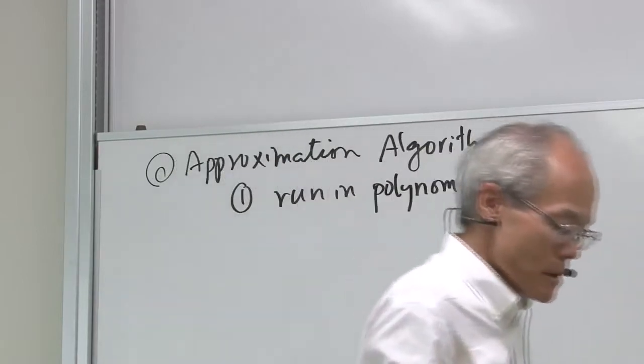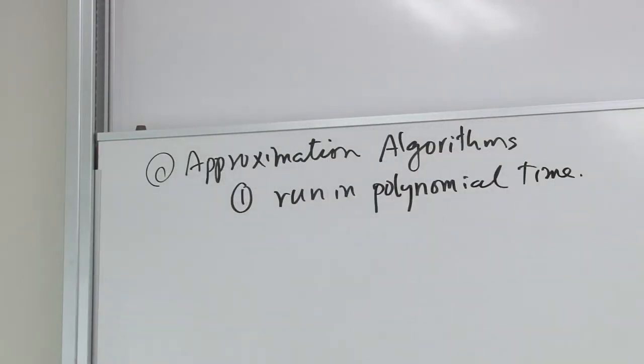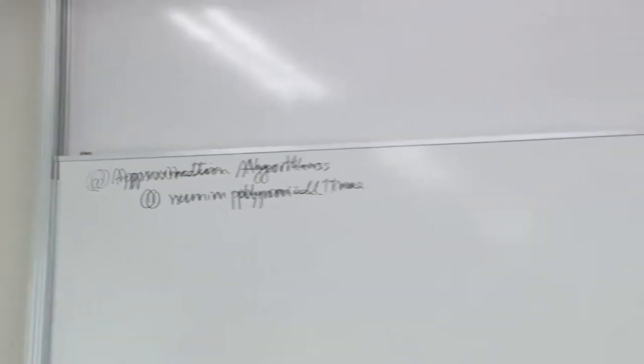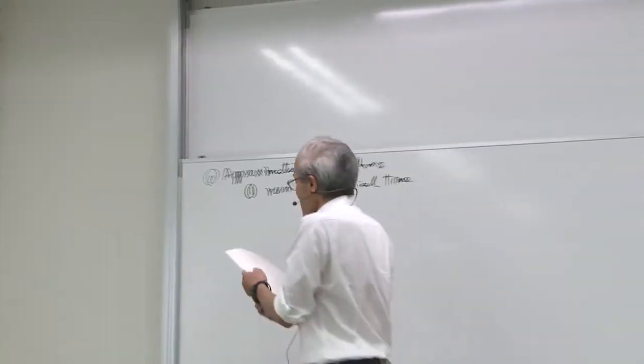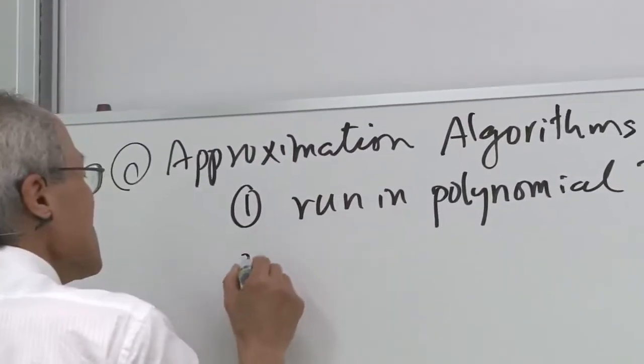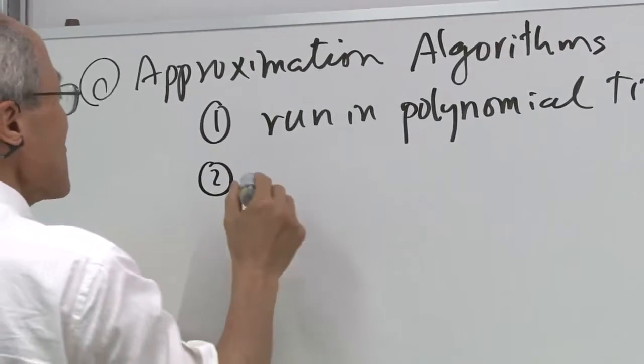Our motivation for introducing approximation algorithms is, of course, we want to save time. We can't spend too much time. That means approximation algorithms must run in polynomial time. This is the first requirement. The second requirement is, of course, a guarantee.